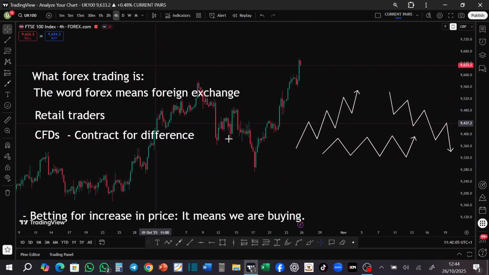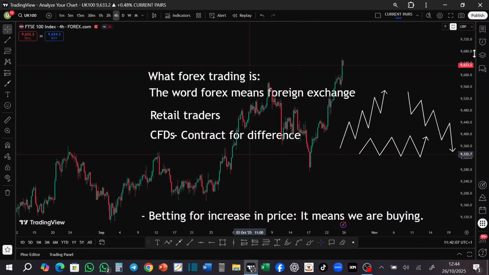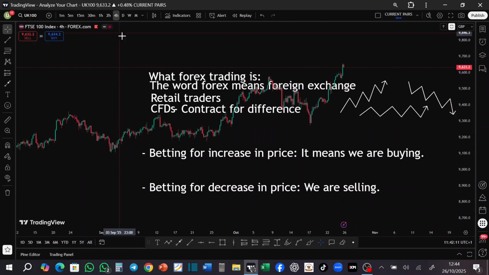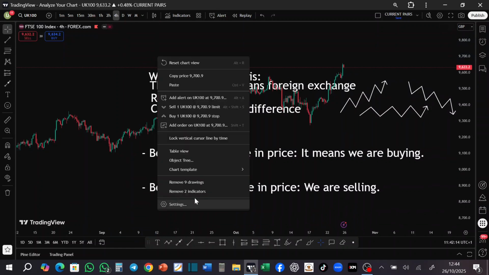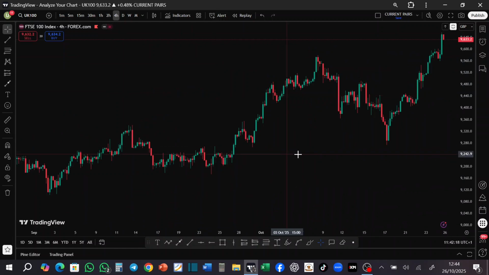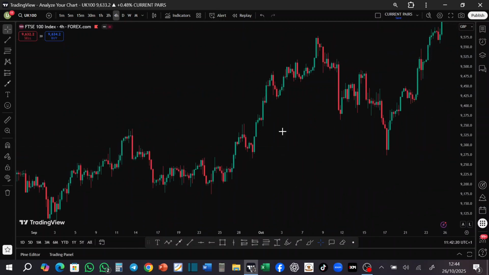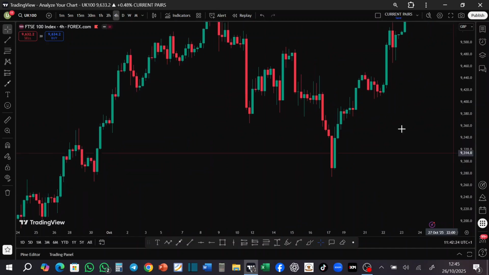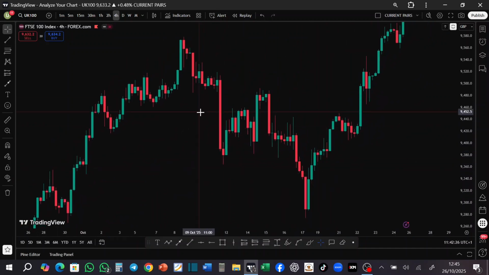Okay. So when you look at what we have here, we have what we call the chart. Let me just delete everything on this chart so that we begin properly. So what we have is what we call the chart with what we call candlesticks. These candlesticks here represent what is happening in the real world.